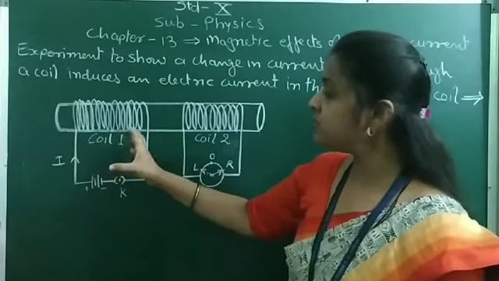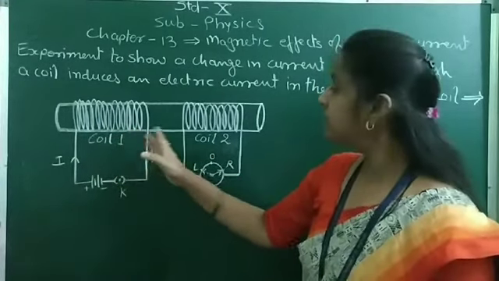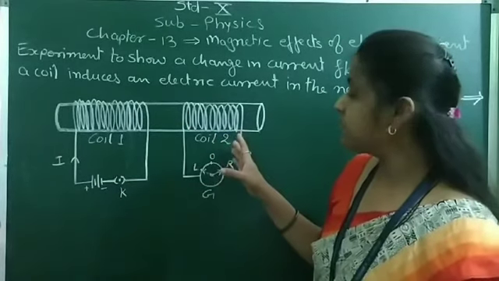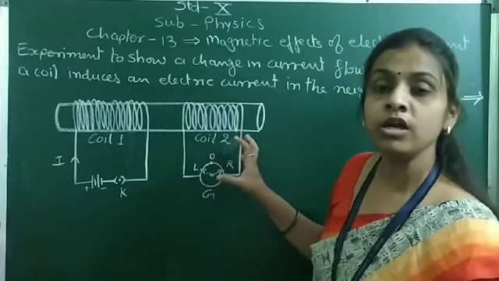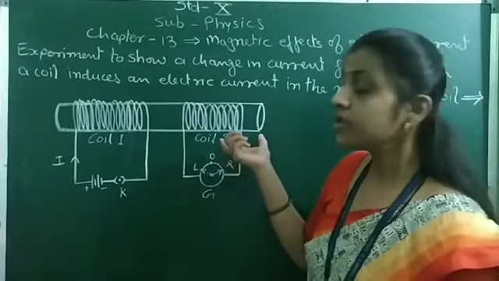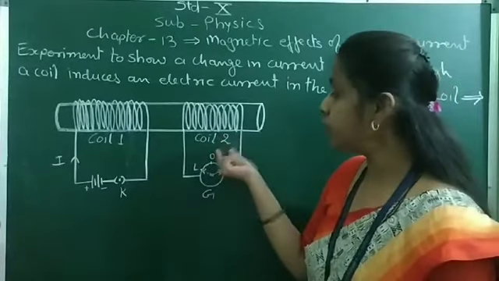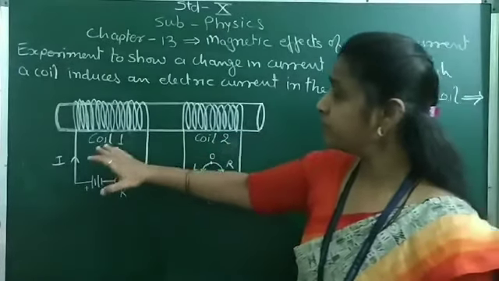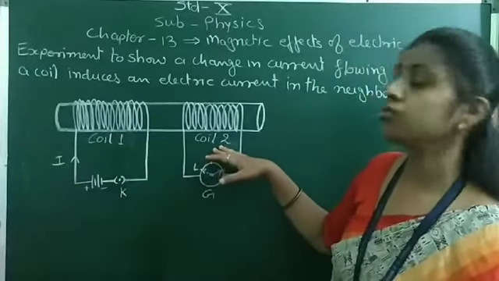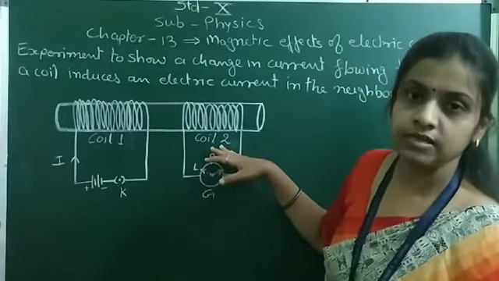So whenever there is a change in current in coil 1, a potential difference is induced in coil 2, and as the potential difference is induced in coil 2, it induces a momentary current in coil 2. Therefore we call coil 1 the primary coil and coil 2 the secondary coil.